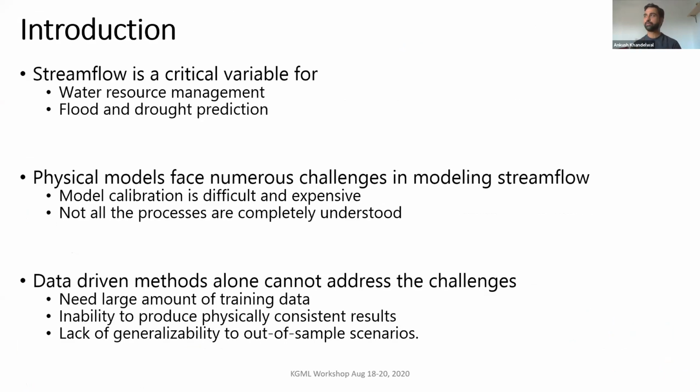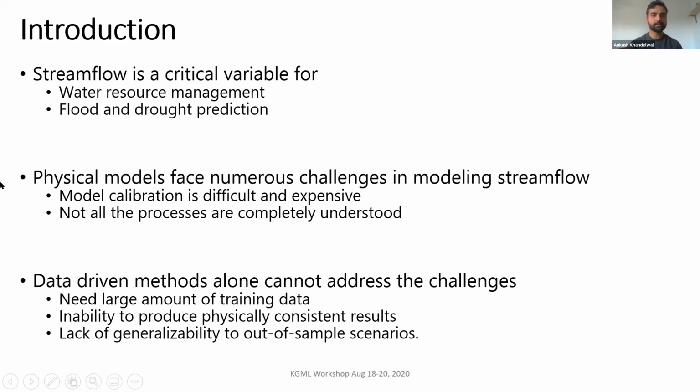Okay, so in the last few talks, we have heard a lot about streamflow and how important it is to estimate or forecast that accurately. There are a number of physical models being used to tackle this problem, but they face numerous challenges, and calibrating these models is one of the biggest. In a number of cases, we don't understand all the processes completely, which makes it challenging.